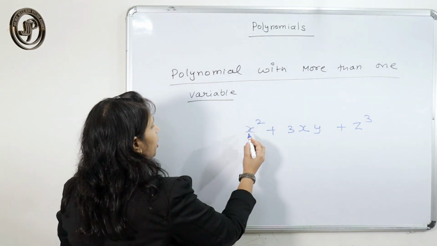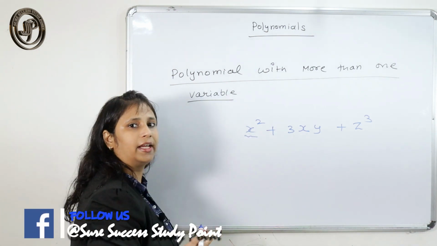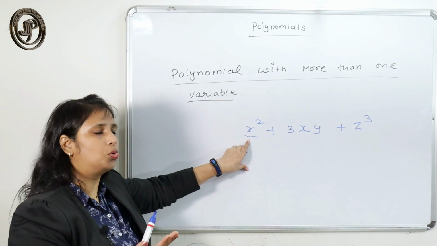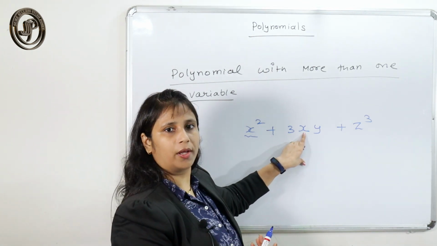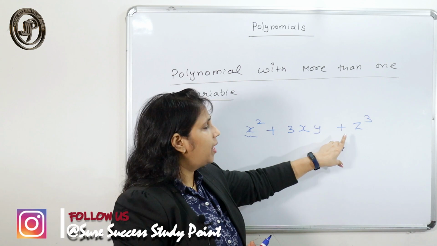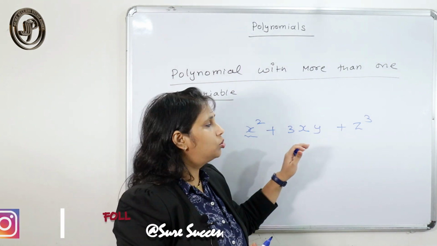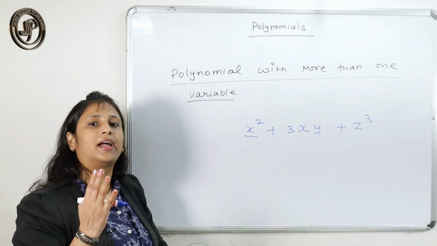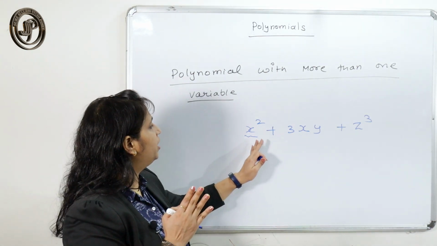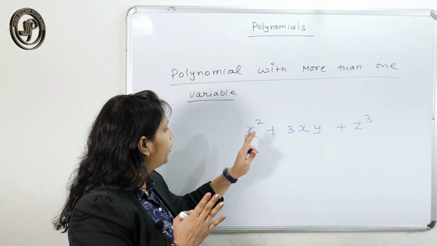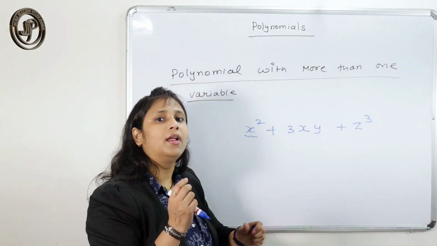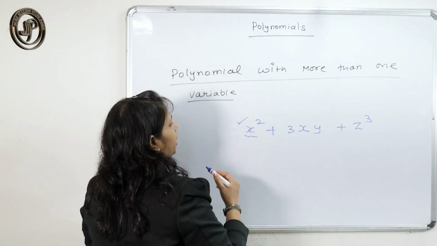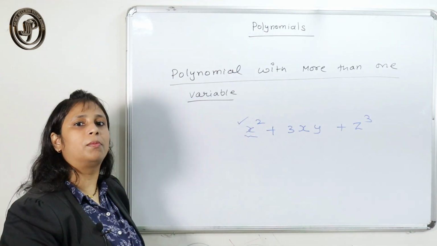If I check the power of the variables, here the exponent is 2, here the power is 1, here the power is 1, here the power is 3. In all the terms, the exponent of each variable is a whole number, so I must say this is a polynomial.